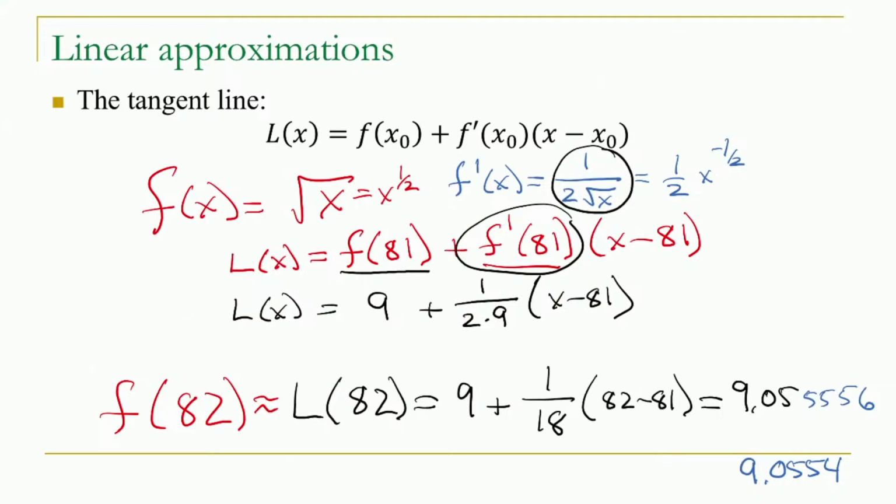This is the tenths, hundredths, thousandths. I'm off in the 10,000ths place. So I'm within, technically, two 10,000ths because I did round this. But I'm within 2 10,000ths of the truth using this linear approximation, which is a lot easier than trying to extract a square root when you don't know what it is.